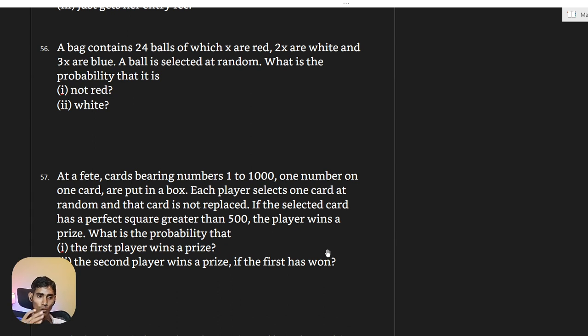So if you don't know what is a fete, may not know. Let it be. This from exemplar.